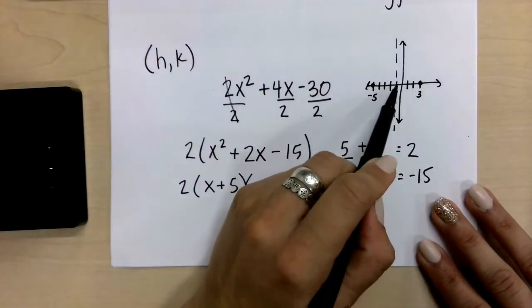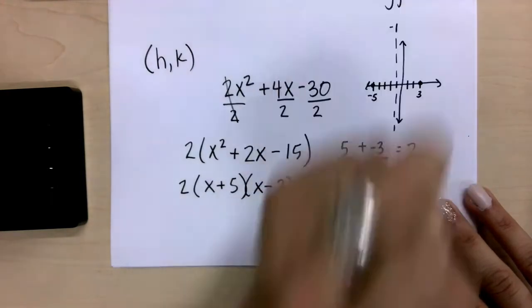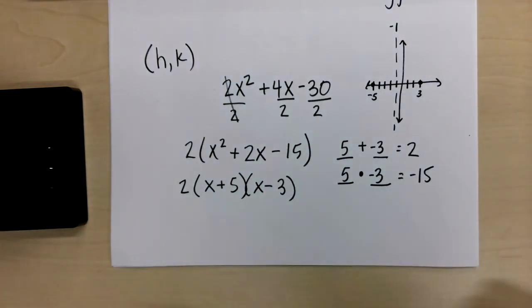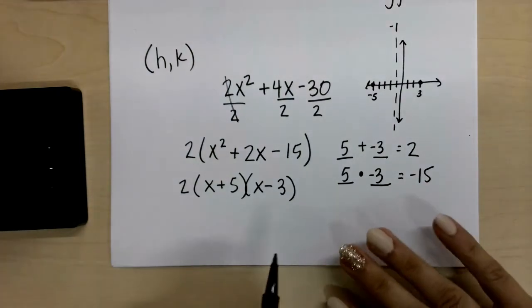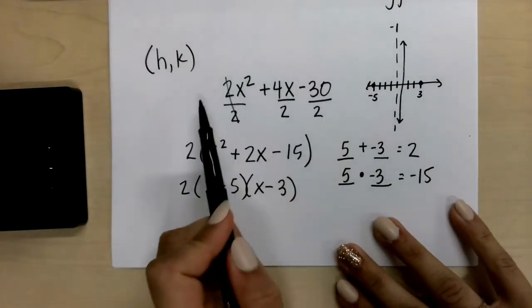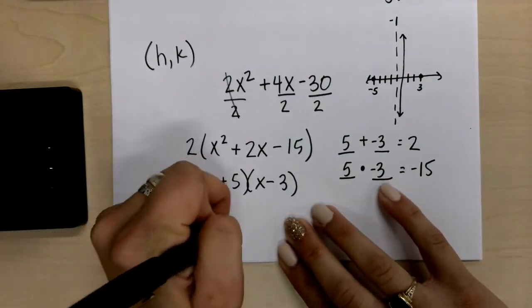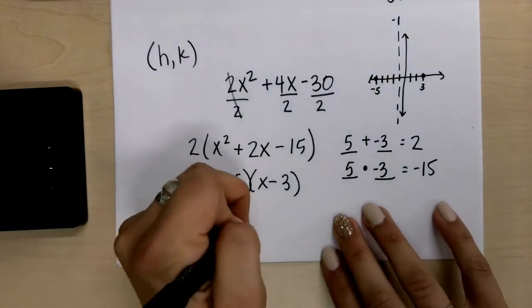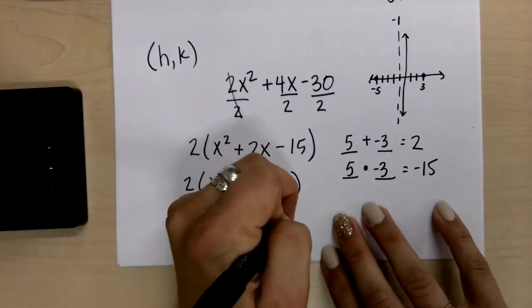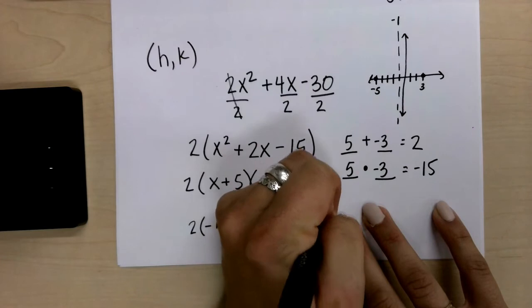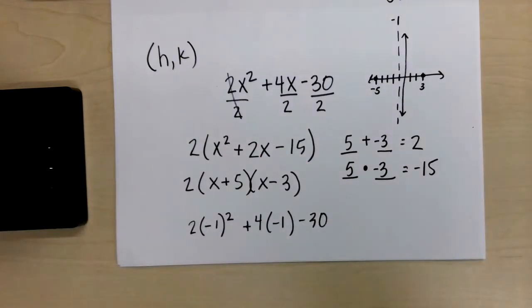And this line is going through -1. So that tells me that the x of my vertex has to be -1. And to find the y, I can just plug that into my equation here. So 2 times -1 squared plus 4 times -1 minus 30 will give me my y value of my vertex.